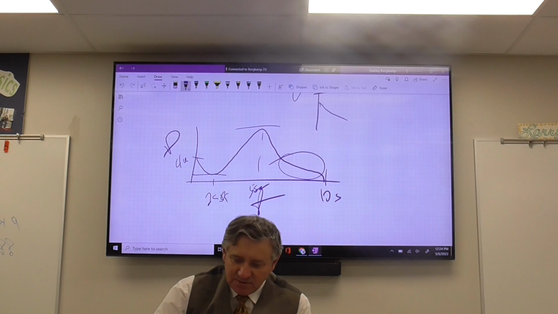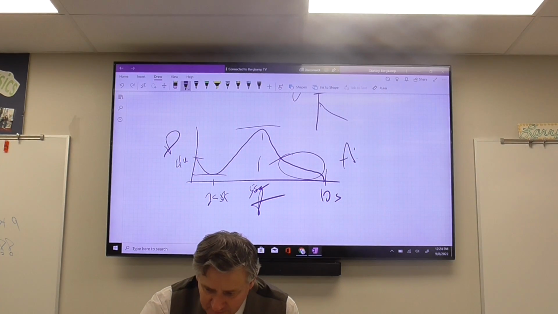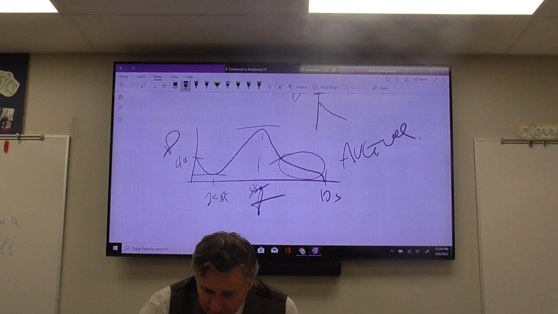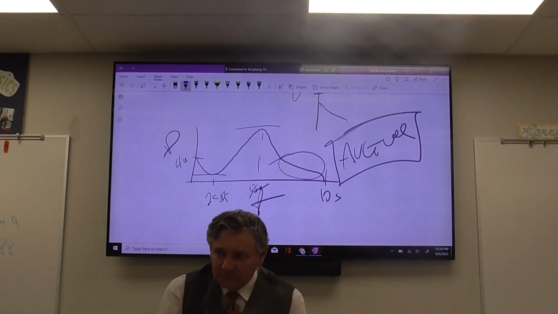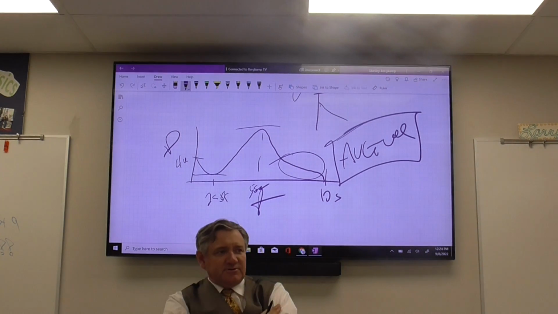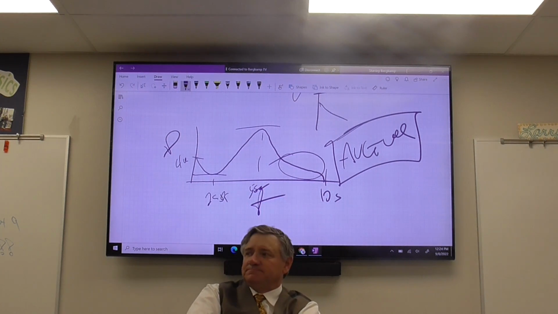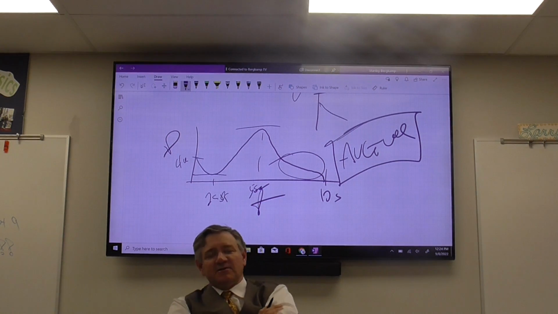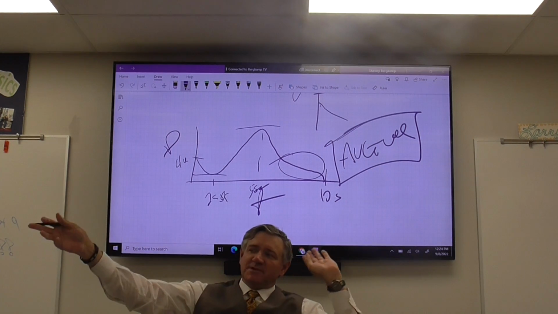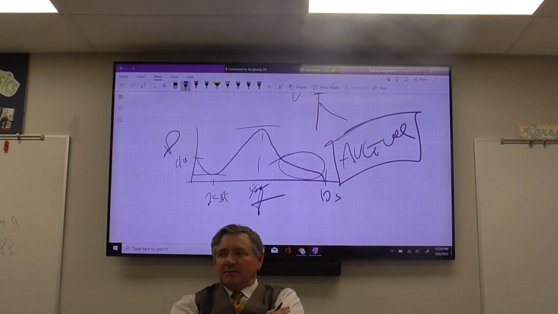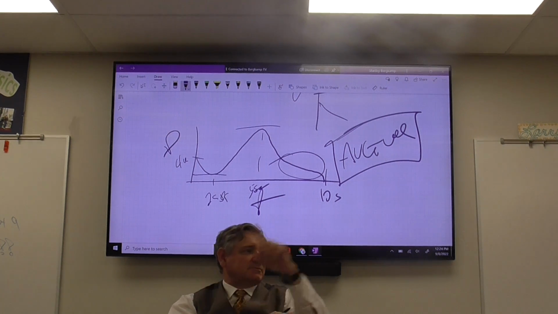What if I ask you to calculate the overall average velocity for the trip? I want the average velocity for the entire trip. You all did this calculation on the very first lab that you did with the cart. Anybody remember how you calculate average velocity? It's overall displacement.